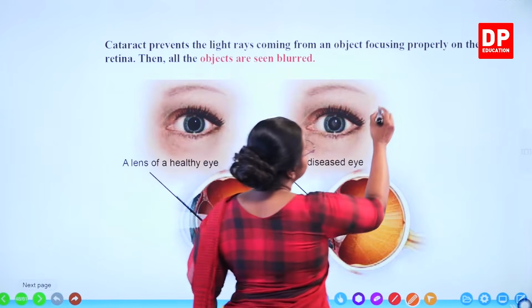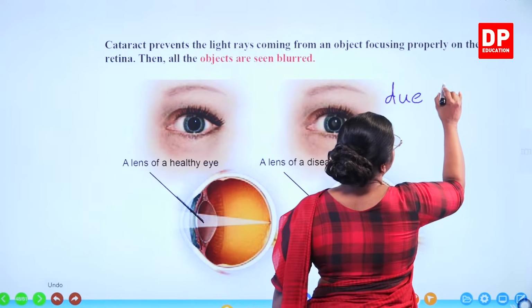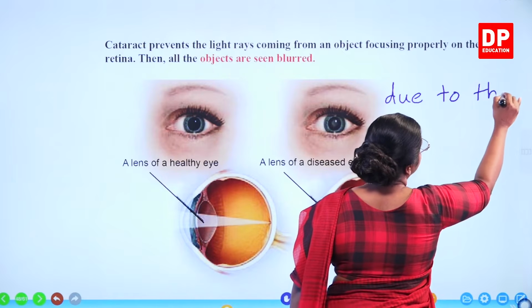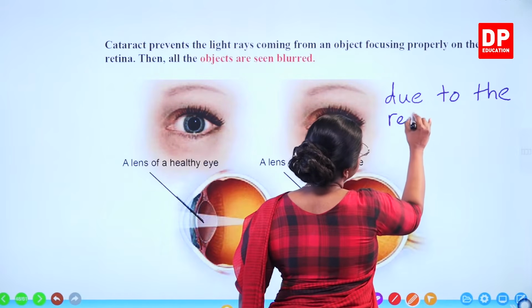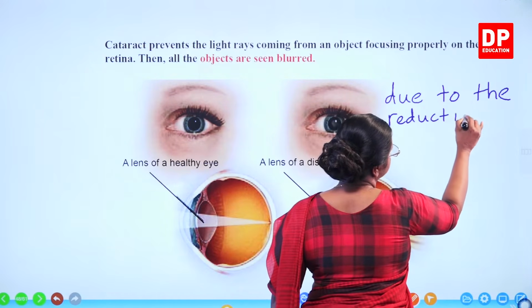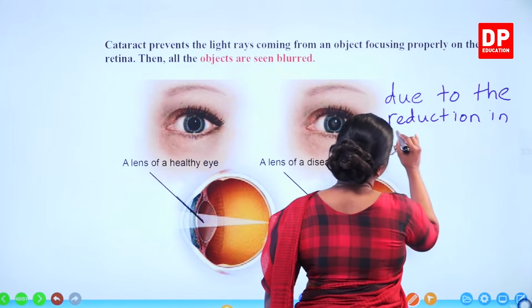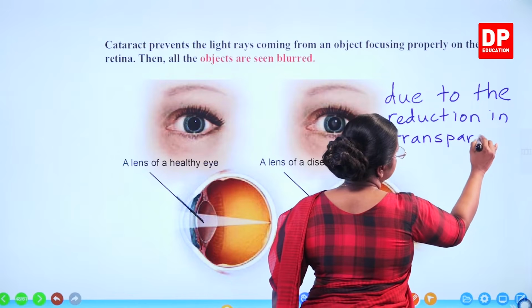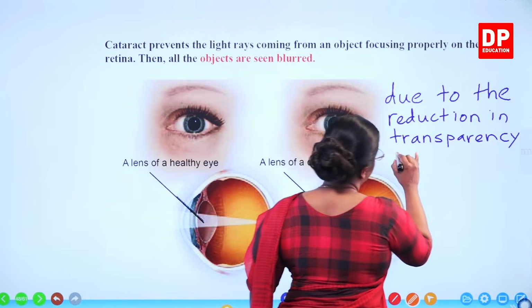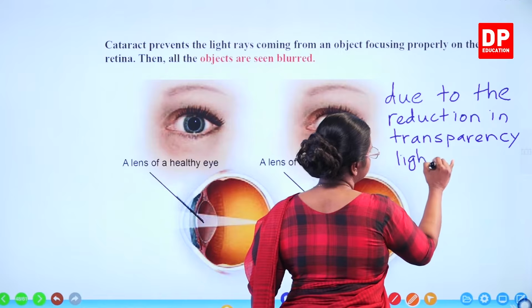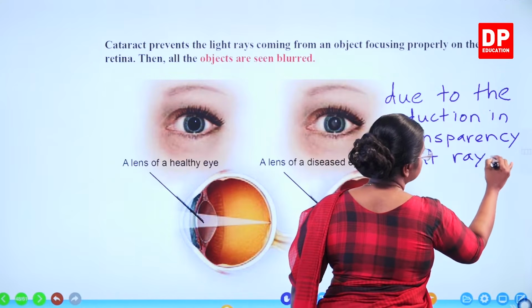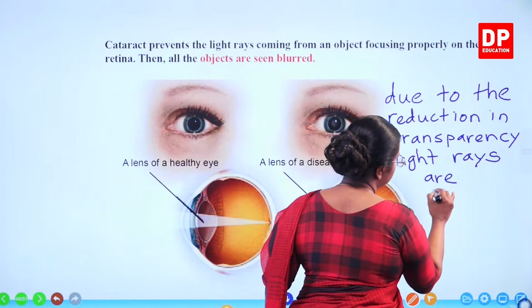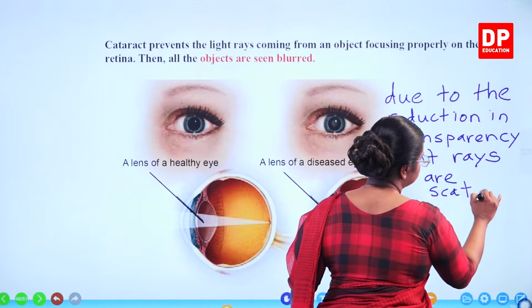So, here, due to the reduction in transparency, light rays are scattered.